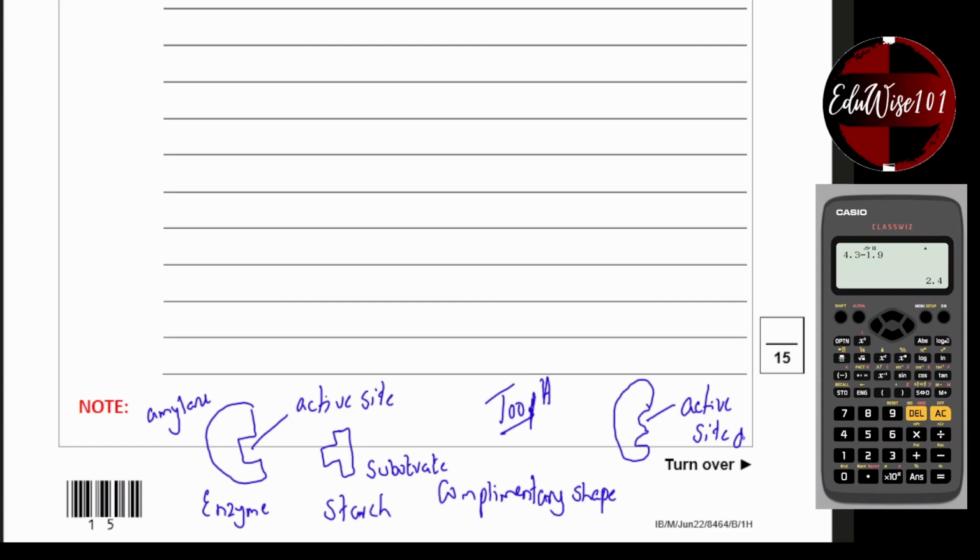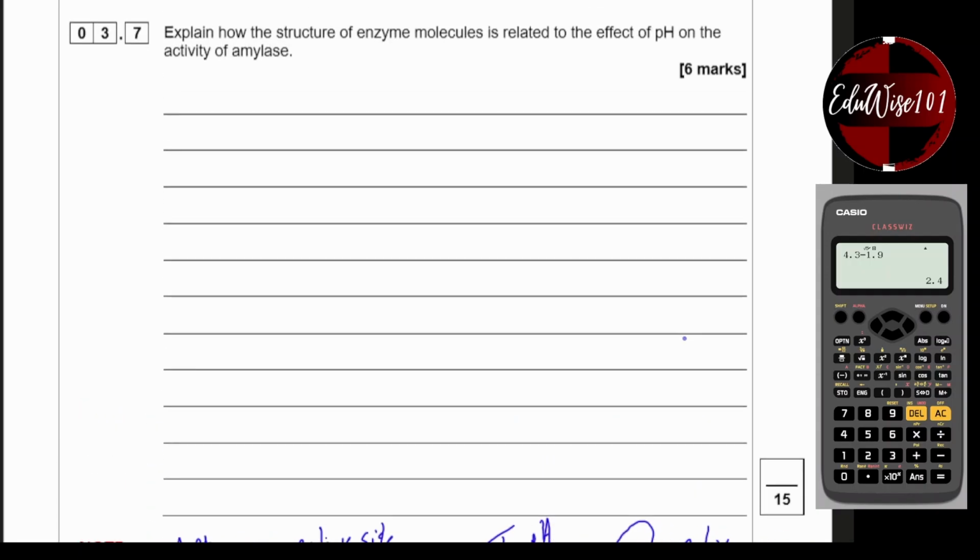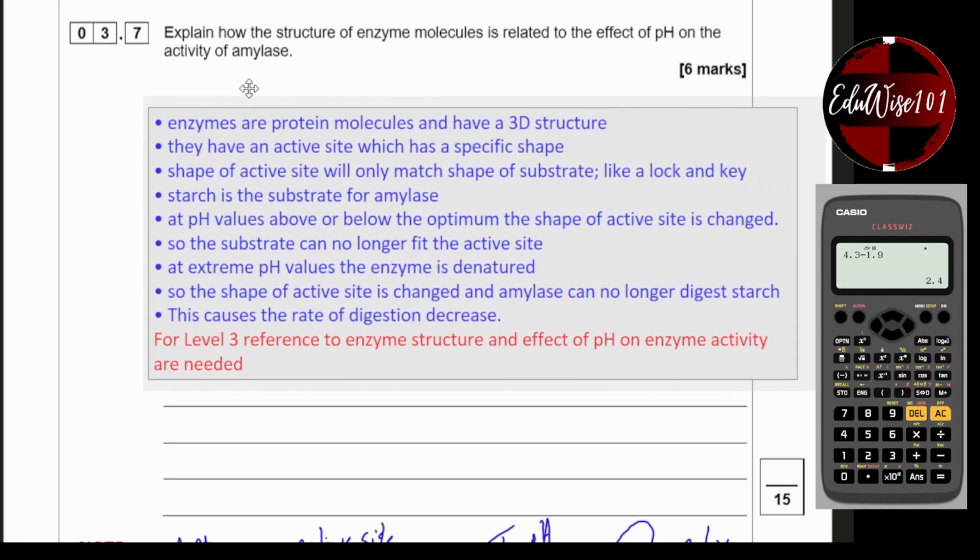And we call that the enzyme is denatured. Now, when that happens, the substrate cannot fit into the active site, and the enzyme will stop working. Usually at low pH, this change is reversible, but at very extreme pH changes, then that change is irreversible.